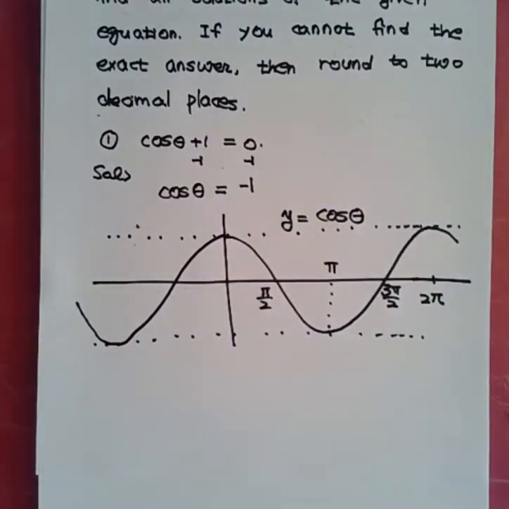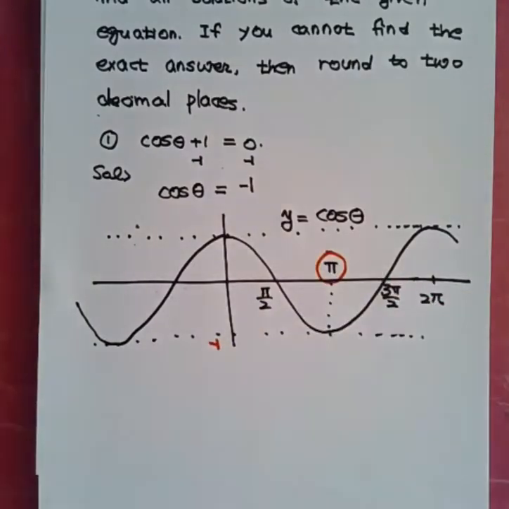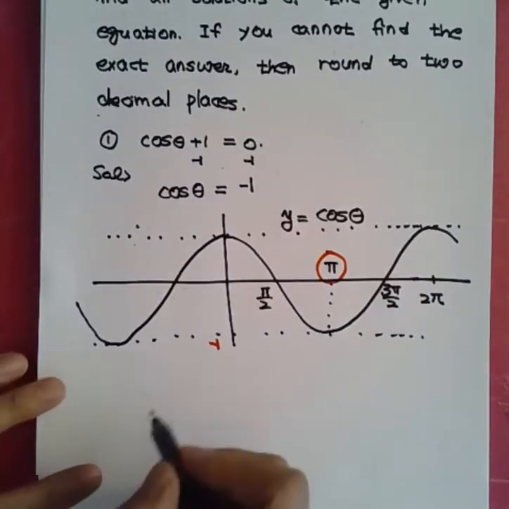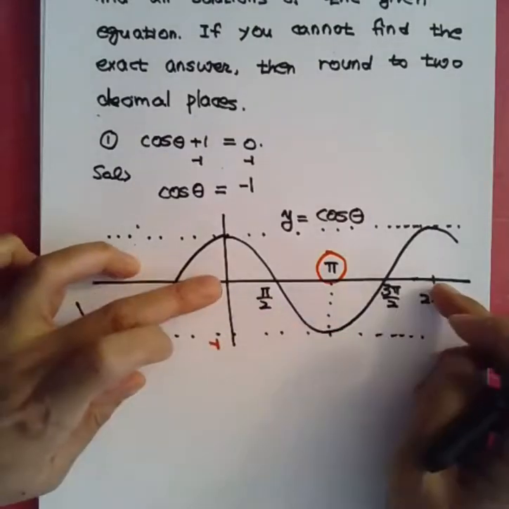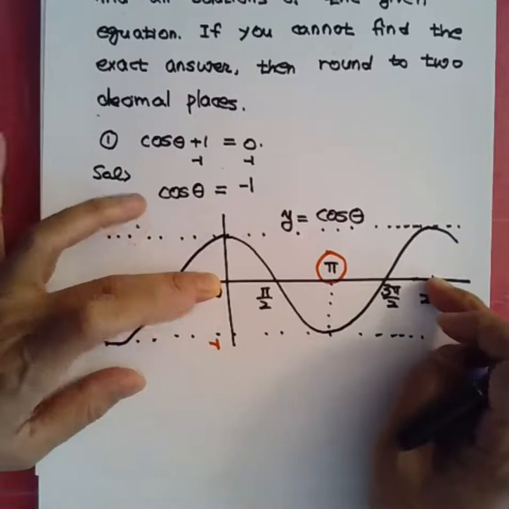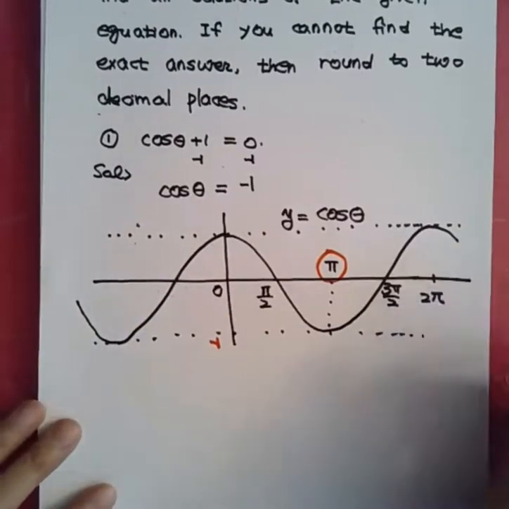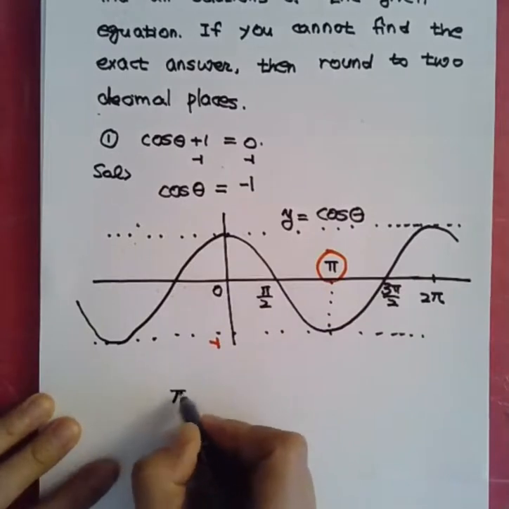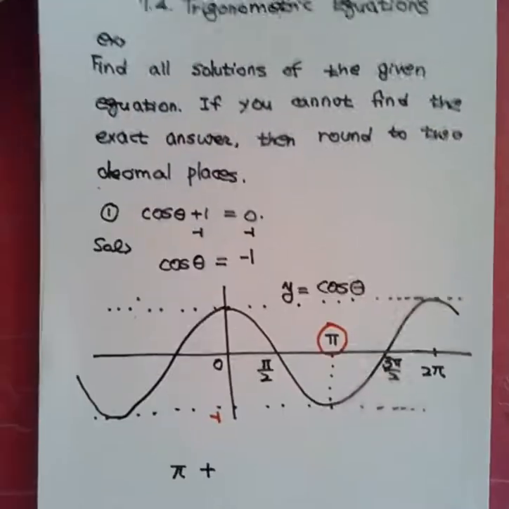Cosine of theta is minus 1 at pi. Between 0 and 2 pi, we have only one solution. That solution is pi. Then we look at the problem.